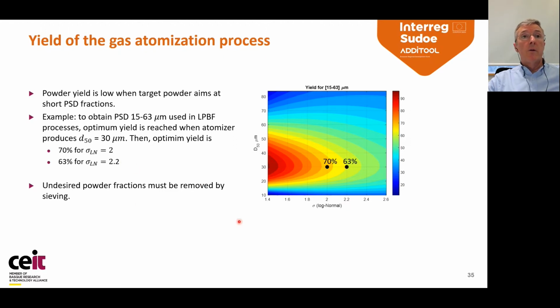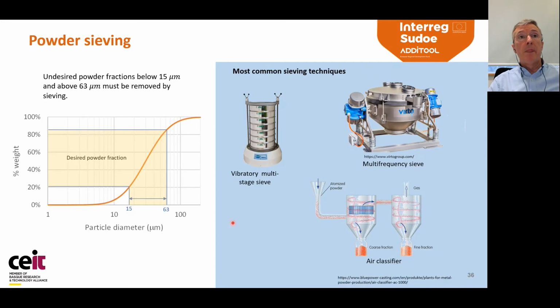So it's really quite a low yield. And undesired powder fractions must be removed by sieving. What you do is, if you want to keep the 15 to 63 micron fraction, then this is what you desire. There is about 30% or 35% that needs to be removed.